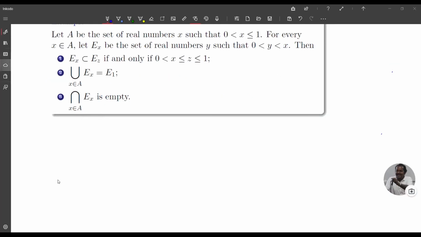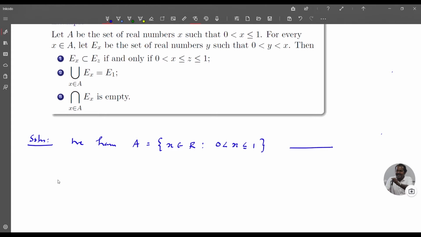So solution. First we understand what are these sets. We have A is the set of x in R such that 0 less than x less than or equal to 1, and you can see that this is nothing but the interval (0,1]. So you have this is 0 and this is 1.